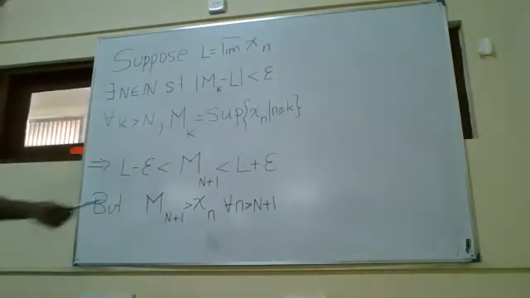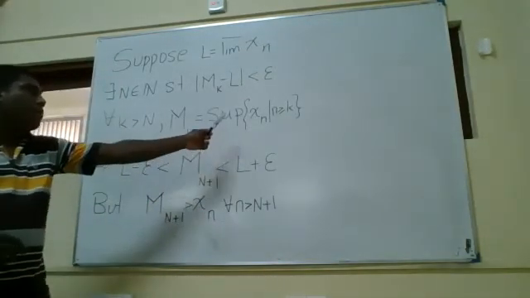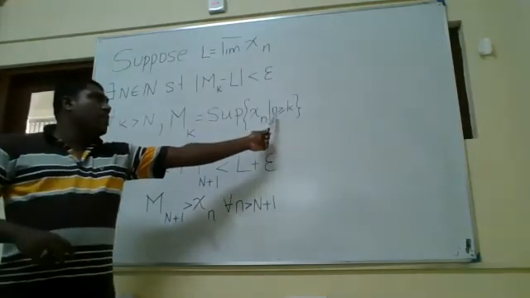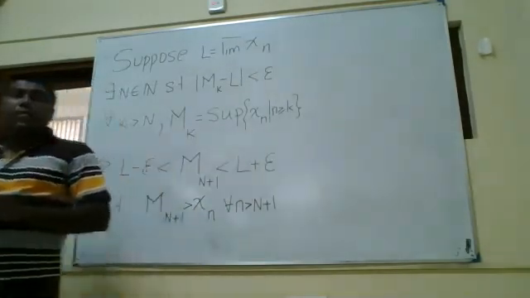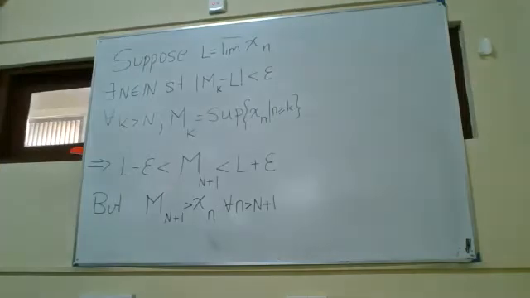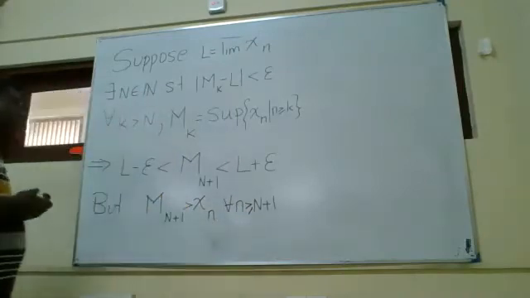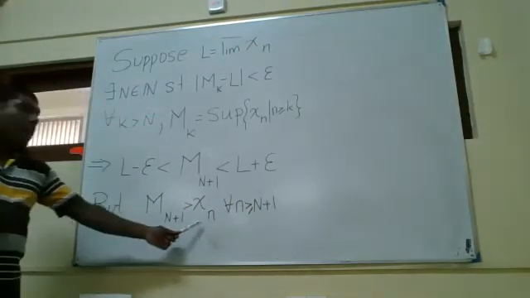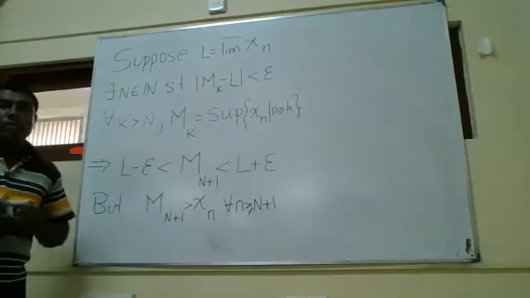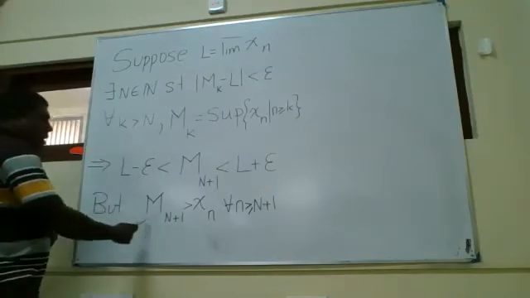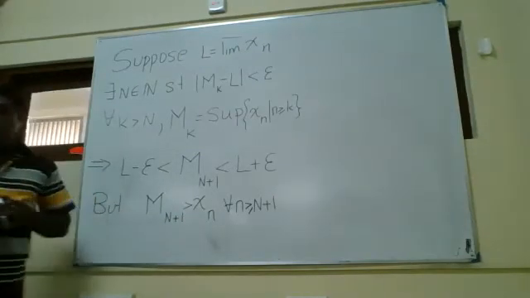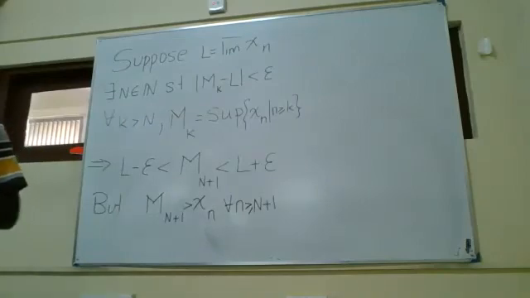So M N plus 1 is the supremum of the set xn with n greater than or equal to N plus 1. So clearly, I can put equal also. The supremum is the upper bound, which you all know from chapter 1. So Mn is greater than xn for all n greater than N.